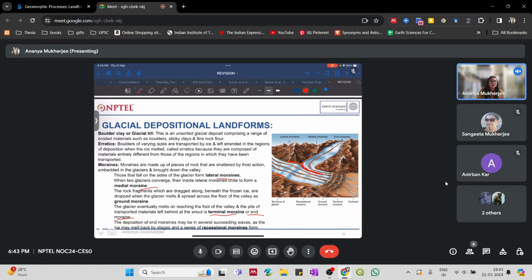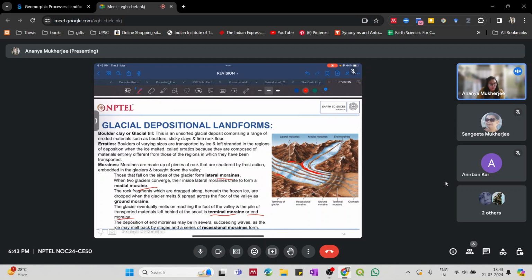Maybe the glacier has melted and formed an end moraine, but with time more glacial ice has been created, and the glacier has moved further down beyond the previous end moraine. So a new end moraine would be created. These can be called recessional moraines.